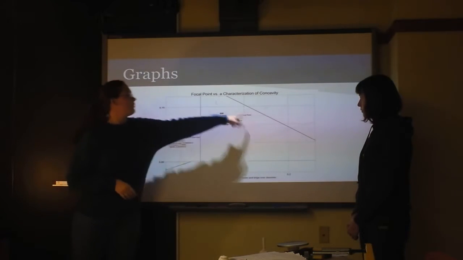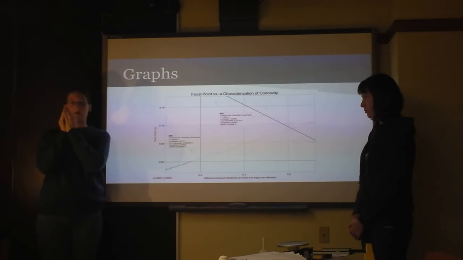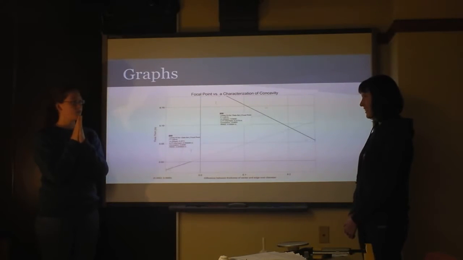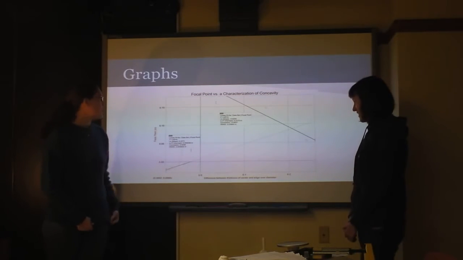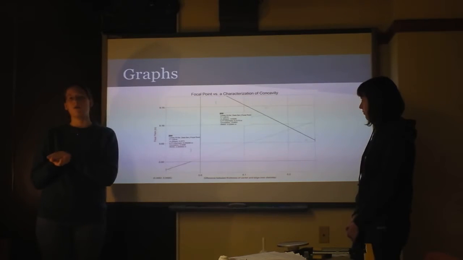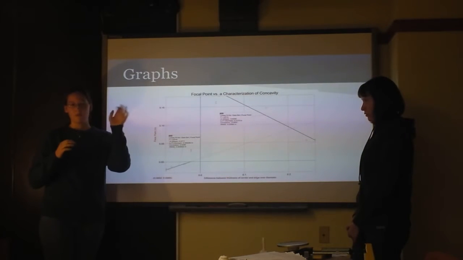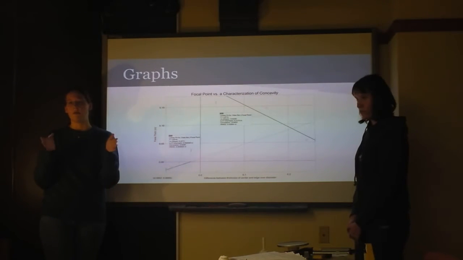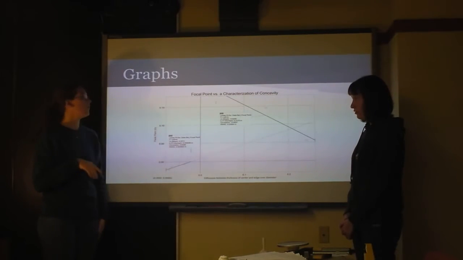And this line up here is the double convex. And so it shows that the characterization of concavity that I have is how much the height changed from the edge to the center over its diameter. So that's how much the height changed overall.